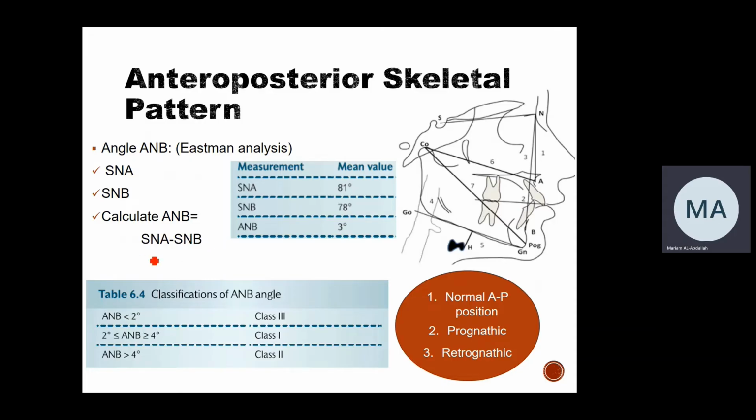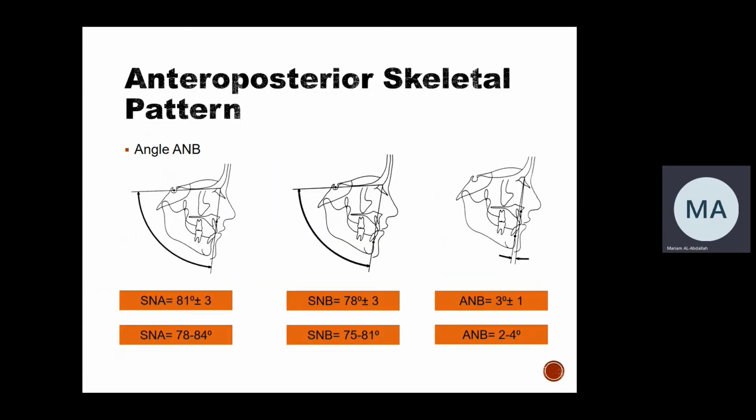So 80 minus 82 equals minus 2. Minus 2 means that the patient has a class 3 skeletal pattern. Any value of the A and B above 4 means that the patient has a class 2 skeletal pattern. So this is how we use the A and B angle as part of Eastman analysis in order to evaluate and diagnose the skeletal pattern in the anterior-posterior dimension.